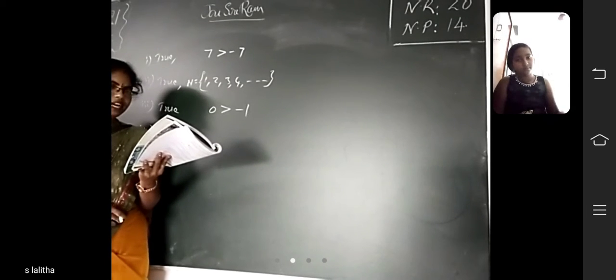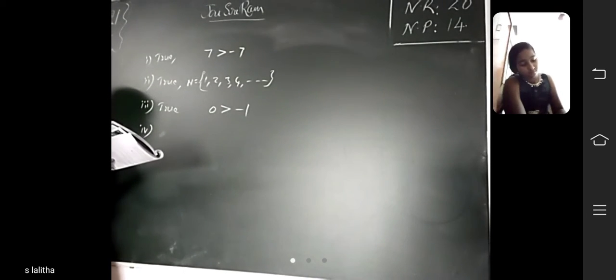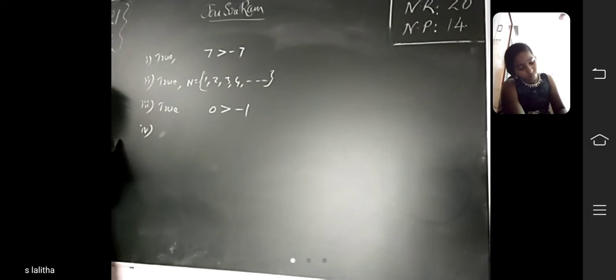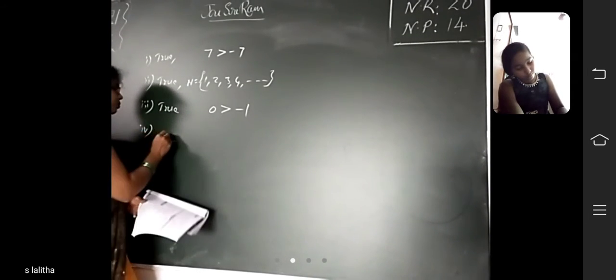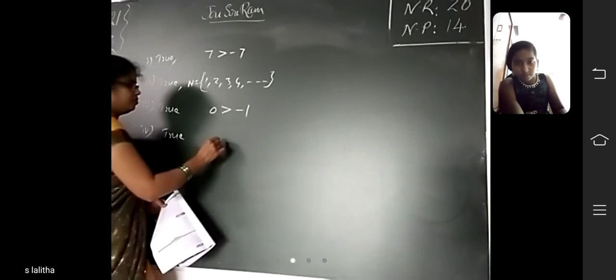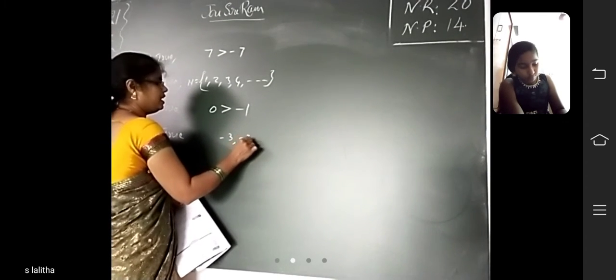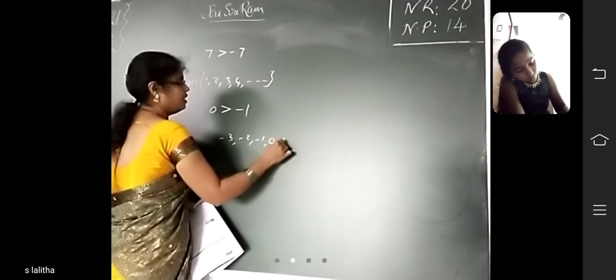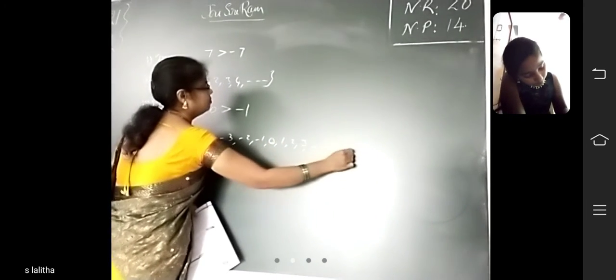There exist infinite integers in the number system. Is it right or wrong? Yes, infinite integers are there in the number system. True. Minus 3, minus 2, minus 1, 0, 1, 2, 3, and so on.